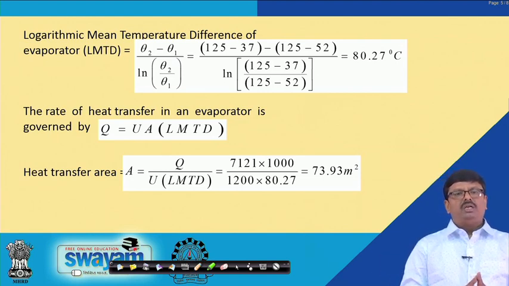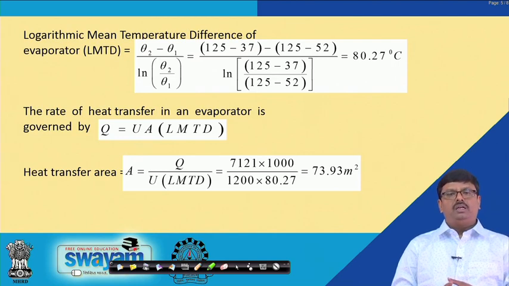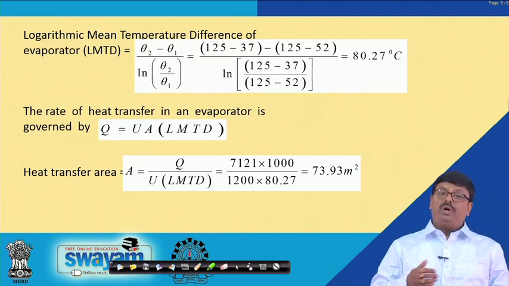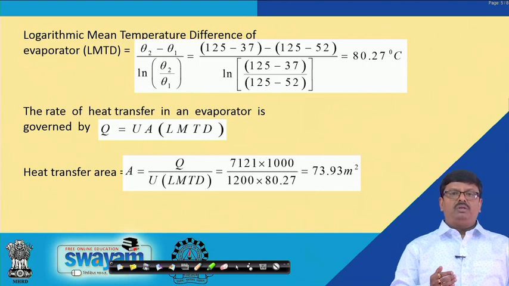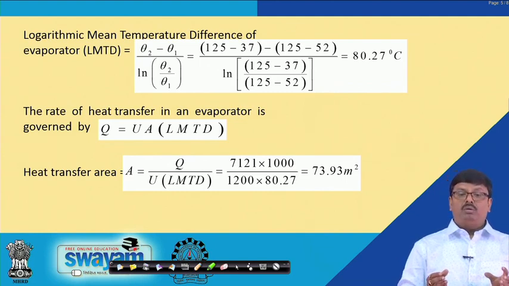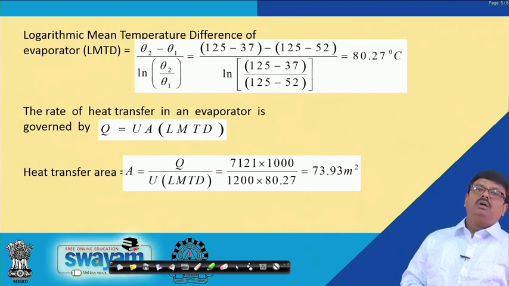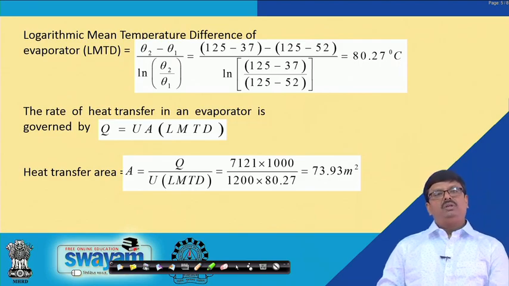This basically consists of 3 different temperatures to calculate this LMTD, by which we have got here 80.27 degrees centigrade, and the heat transfer area that we are getting from this equation, Q equals UAΔT LMTD. And now the question is why you should consider this convective heat transfer in this calculation, because the other heat transfer modes can also take part, but they are negligible as compared to the convective heat transfer. That is why the governing equation concerned with convective heat transfer we are considering for the calculation of this.